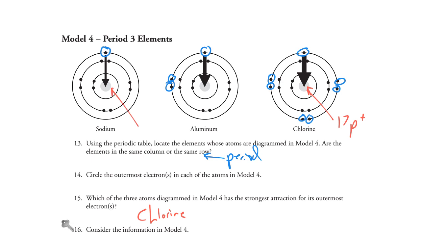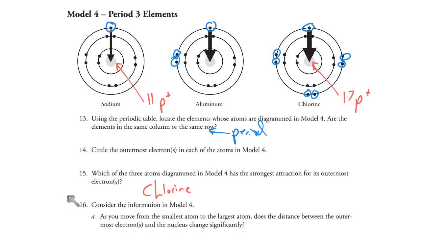Sodium is atomic number 11, so it only has 11 positive charges. And these energy levels are still at the same distance. This is just energy level 3. So it's probably approximately 0.3 nanometers away from the nucleus. So if these are all the same distance, but the charge is increasing, then it's going to have a much stronger force of attraction.